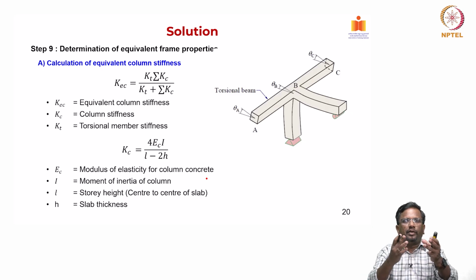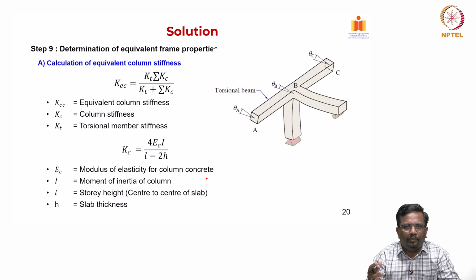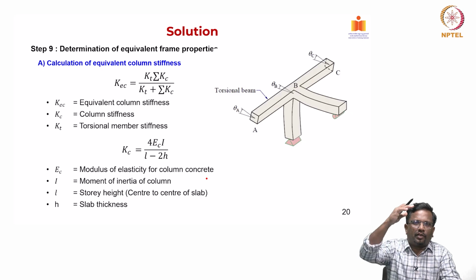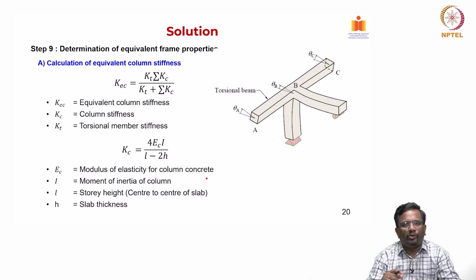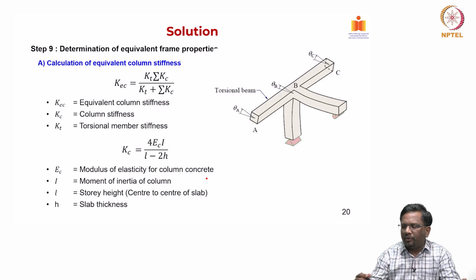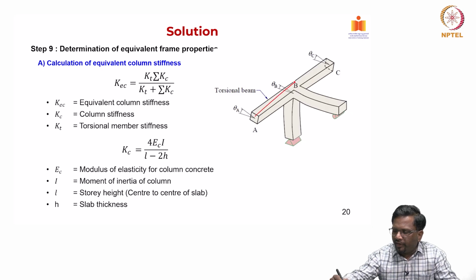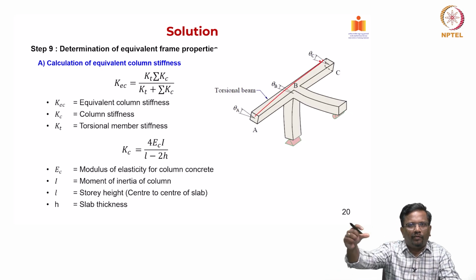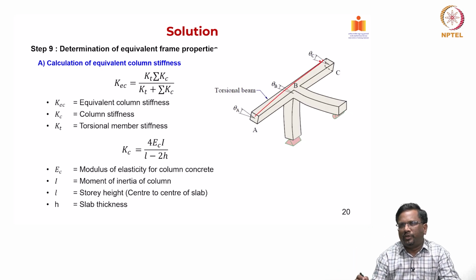What we do is take a typical substitute frame of the slab and consider the columns above and below to be fixed. In addition, if there are any beams, or a part of the slab acting as a beam in torsion, that also will be there.